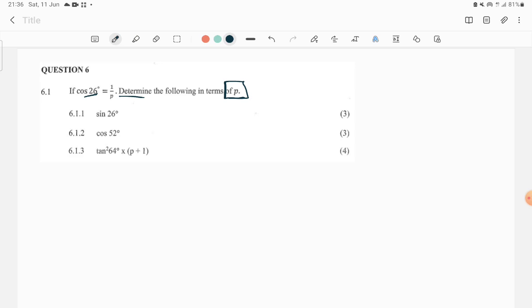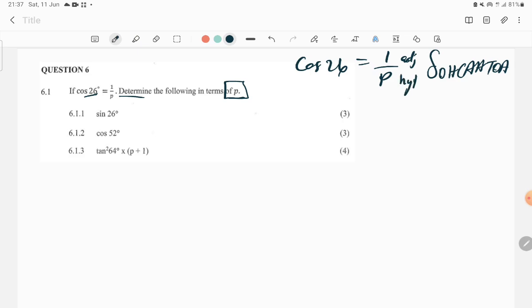If you have cos 26 is equal to 1 over p, you just need to remember SOHCAHTOA: this is the adjacent and this is the hypotenuse.